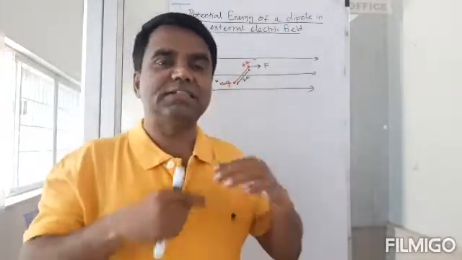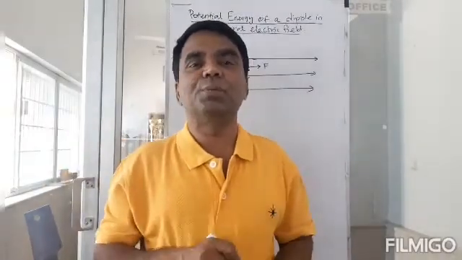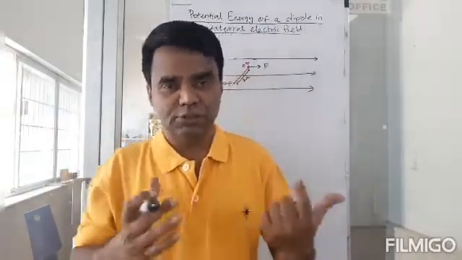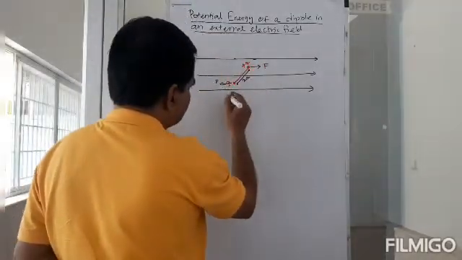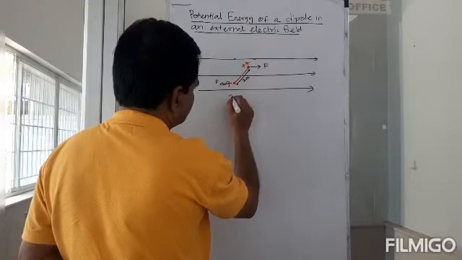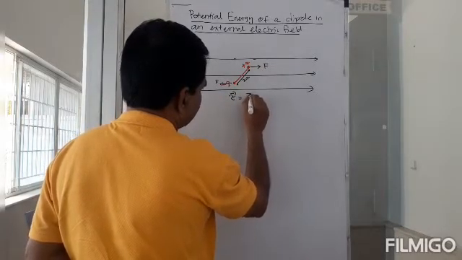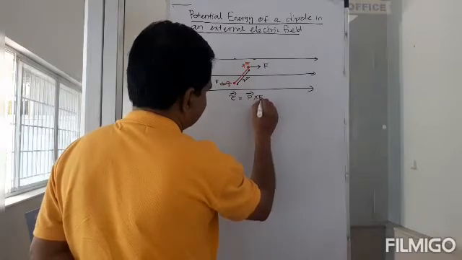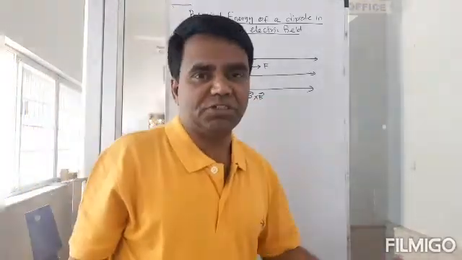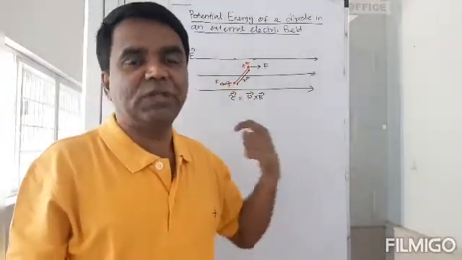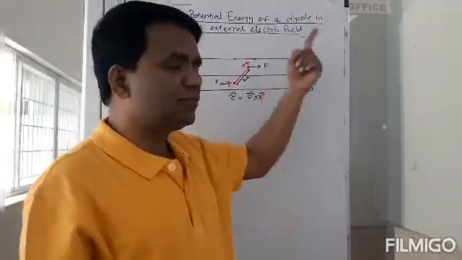So the point here is that it is going to experience a torque, and in the first lesson we also found the torque. What was the torque experienced by this? The torque was given by the expression P cross E, where P is the dipole moment of this dipole, which is 2aq, with a vector going from negative to positive.